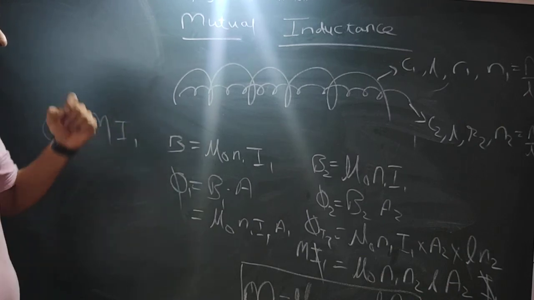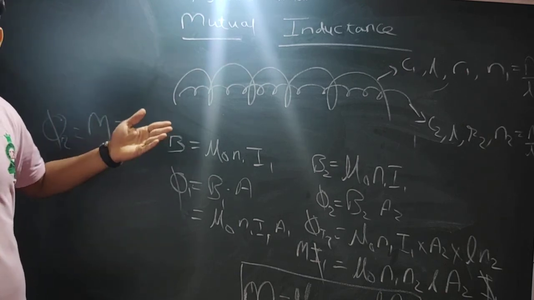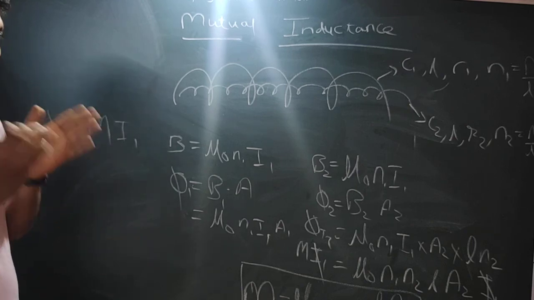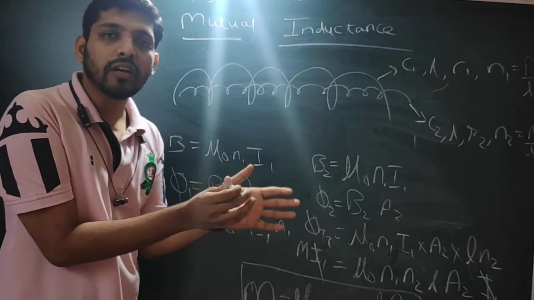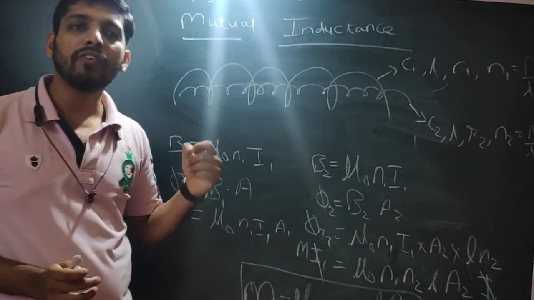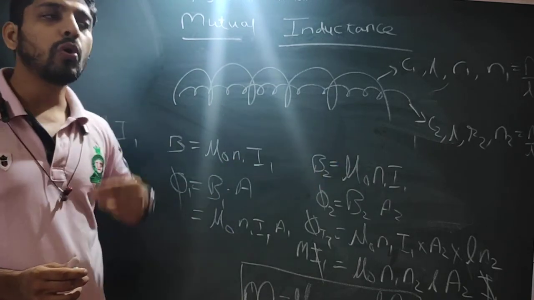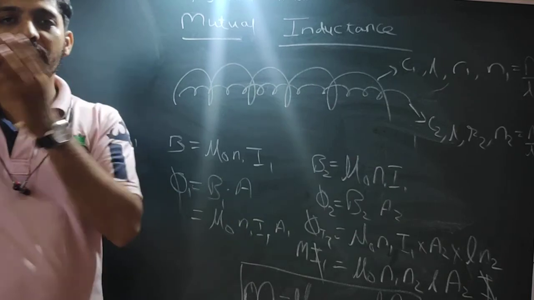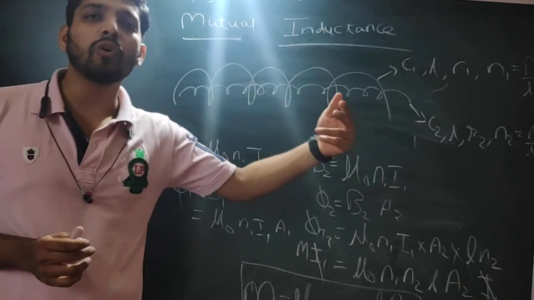Once again, very fast, I will tell you what mutual inductance is. If there is current passing in any one coil, there will be magnetic flux produced in that coil. If there is any other coil near it, the same magnetic field will also produce flux linked with the second coil. If the current in the first coil changes, the magnetic flux in the second coil will also change.